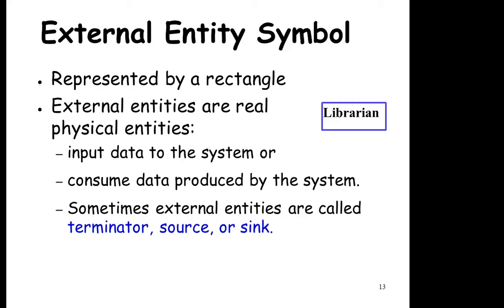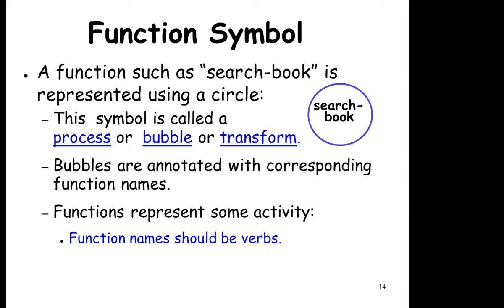In my diagram, I showed a game where the human player was the external entity. An external entity is also known as a terminator, source, or sink. Just remember this line: in a diagram, it may be written not as entity, but as terminator, source, or sink.